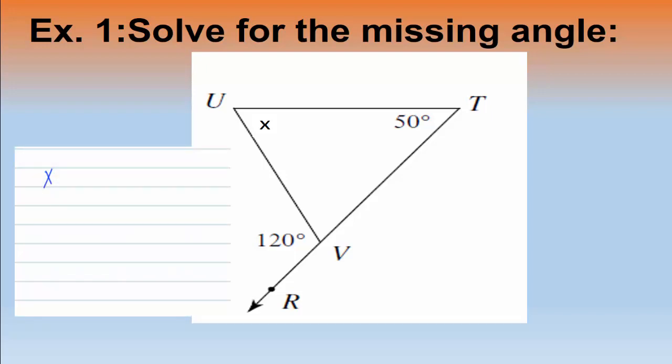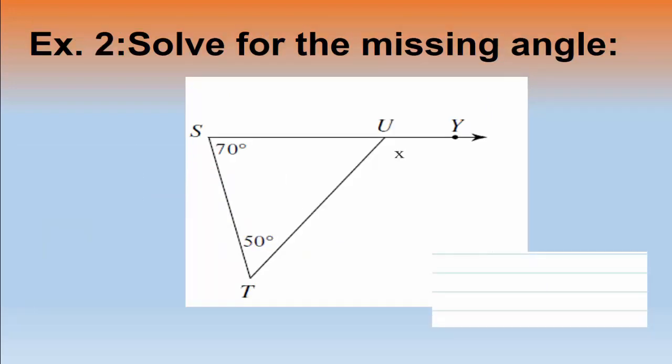So we now know that x, a remote interior angle, plus 50, my other remote interior angle, will be equal to 120, which is the exterior angle. Now we can solve for x very quickly because we have a one-step equation. Subtract 50 from both sides, and x will equal 70 degrees.